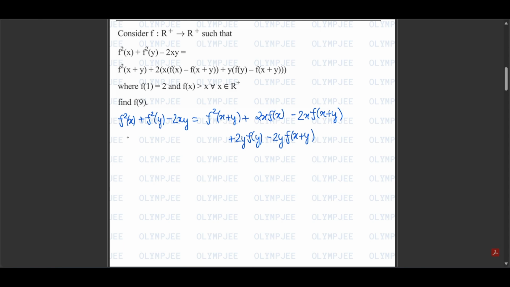So I'll try to form (a+b)² type of things, or (a-b)² type of things, because this will become minus when I bring it here. So first let me add x² + y² on both sides. Right, so x² + y² I have added on my own.